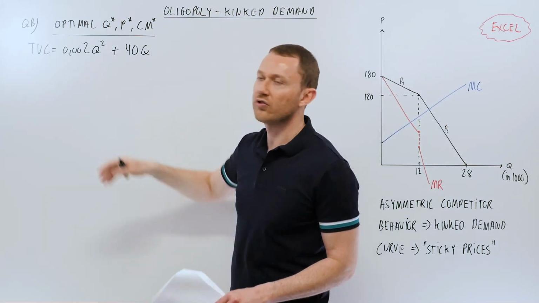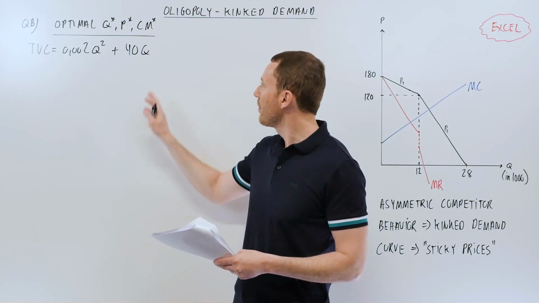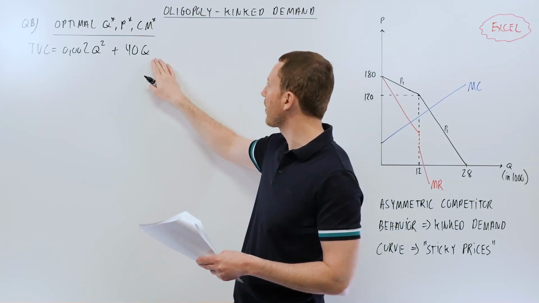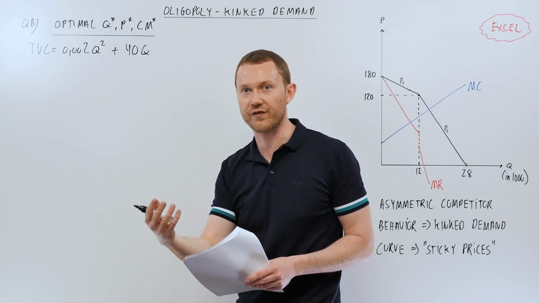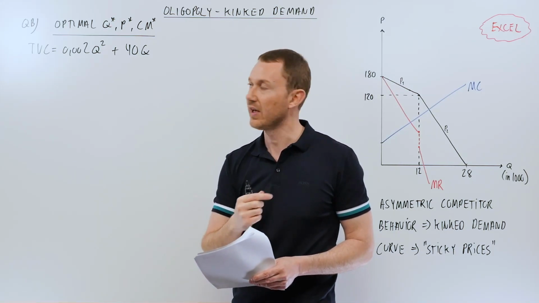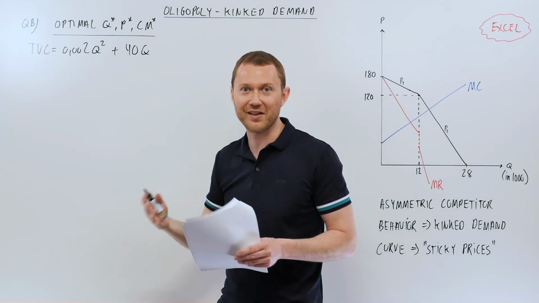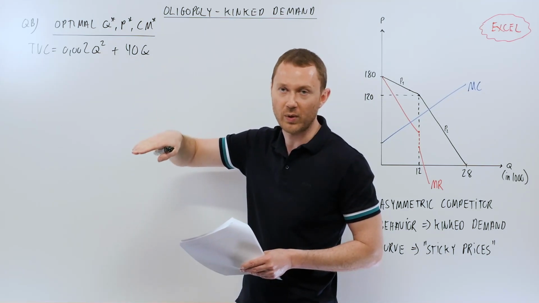So we're given this total variable cost function. We know it's a variable cost function because it has no constants. If it had a constant like, for example, plus 1,000, then it would be a total cost function, because the constant would be the fixed cost. So we disregard fixed cost here, or the baker doesn't have fixed cost. Either way, it's not relevant for this one.